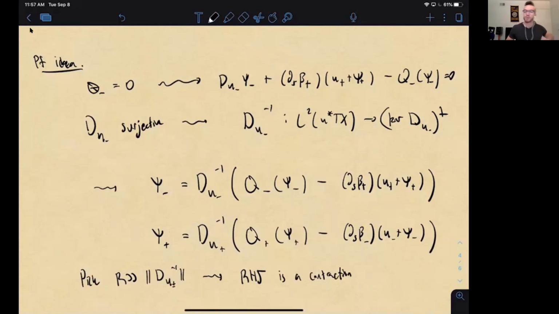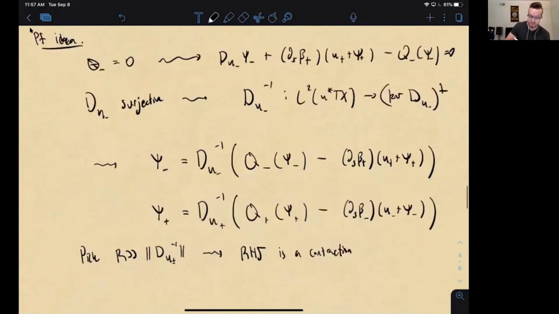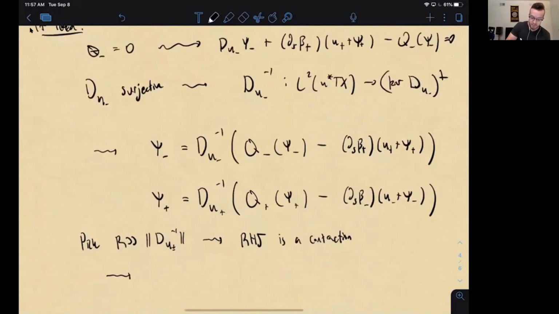So the tuple of operators defined by the right-hand side is a contraction given that R is big enough, and therefore by the contraction mapping theorem, we can find a pair psi minus, psi plus such that the thetas are 0.